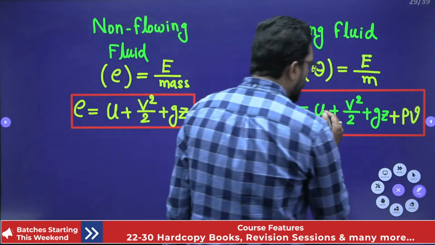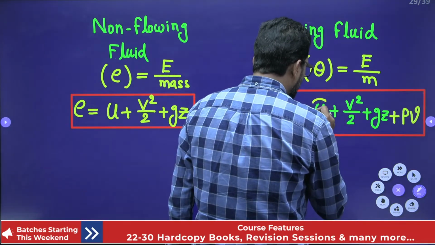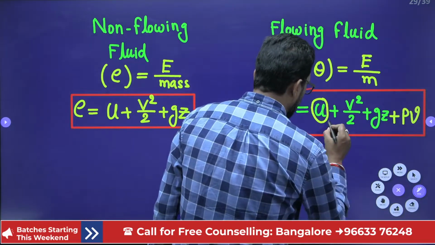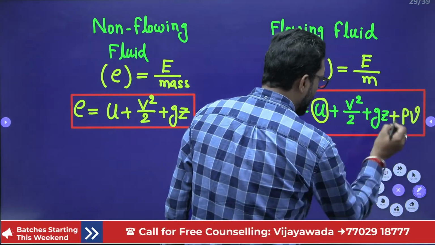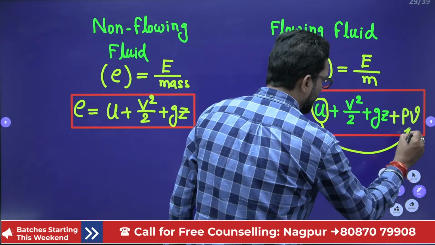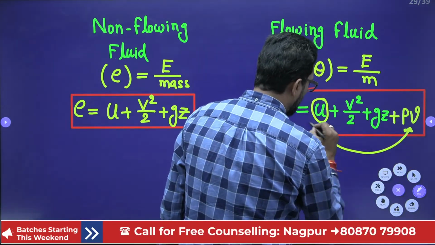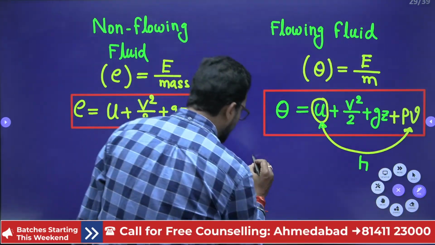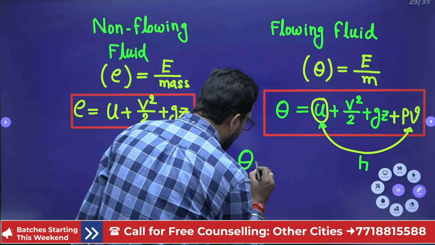So we know that this U plus PV, if you combine these two, is your enthalpy H. So what is the energy or stored energy of a flowing fluid?